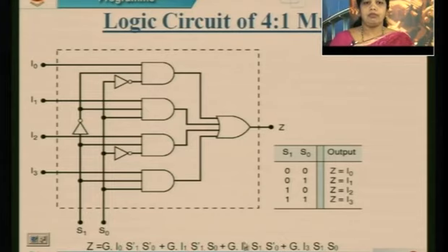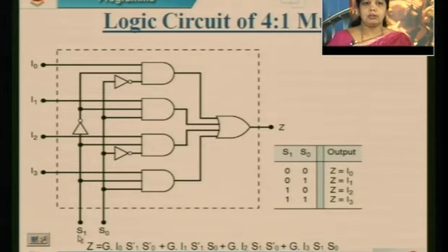We have 4 terms here, so we have 4 AND gates and an OR gate. The dot represents a NOT gate. The selection lines are connected to each gate, and each input line is connected to a single AND gate.